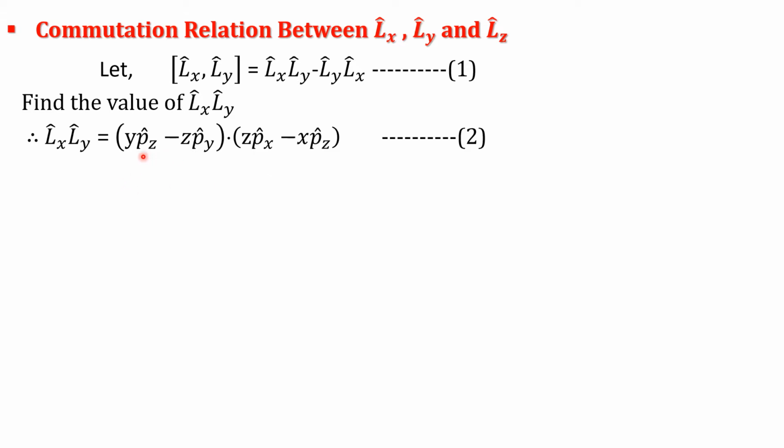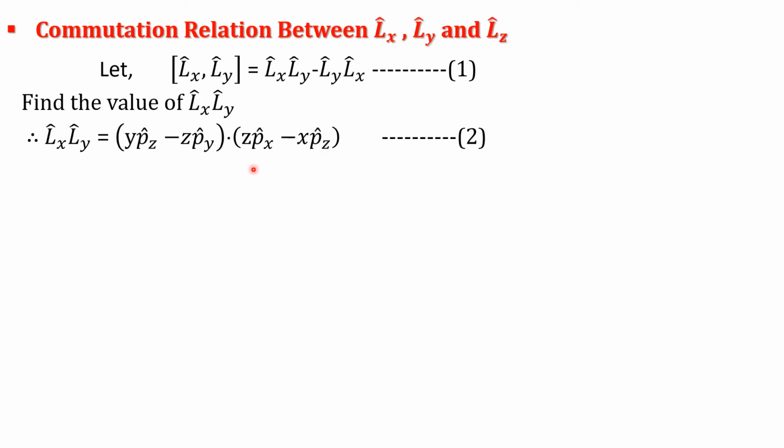If we substitute these values in this equation, we rewrite it. Firstly, we simplify the first bracket and then the second bracket. pz is minus i h cross del by del z, and py is minus i h cross del by del y. Hence we take minus i h cross common for the first bracket. Similarly, in the second bracket, px is minus i h cross del by del x and pz is minus i h cross del by del z.